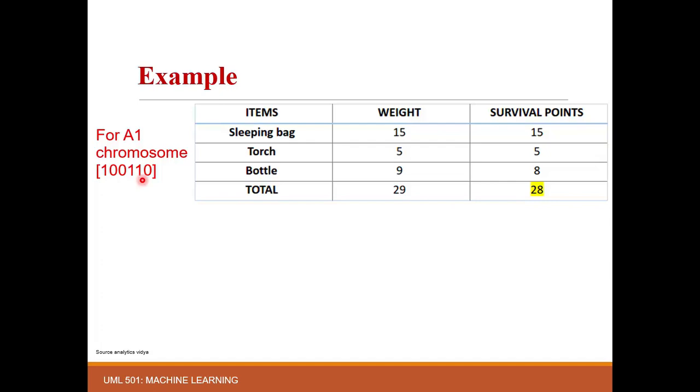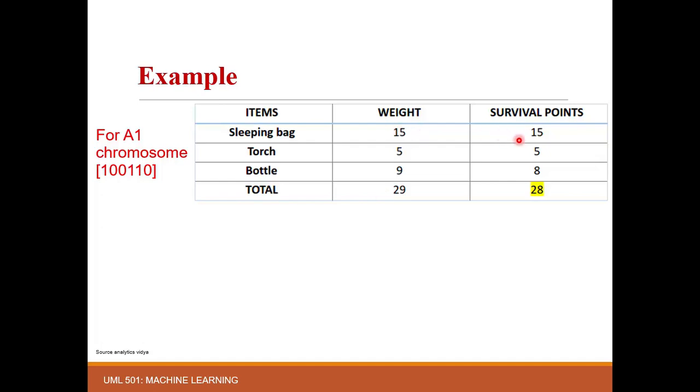Here we have 3 ones in this chromosome, which means we have taken 3 items: sleeping bag, torch, and bottle, and their corresponding weights are 15, 5 and 9. In total I have taken a weight of 29 kg, which is less than 30. That means this solution is applicable to my problem of getting the maximum survival points.